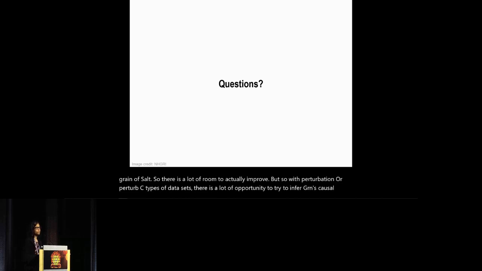A follow-up question on that. I know Perturb-seq will be extremely useful, but it's very limited, as far as I know, right? For example, if I'm interested in one specific disease, maybe I can't find available Perturb-seq for that specific scenario. In that case, is there no way we can use it? Okay, yeah. There are methods that can be used with observational data, and there are methods that try to use time series to get you some of those.